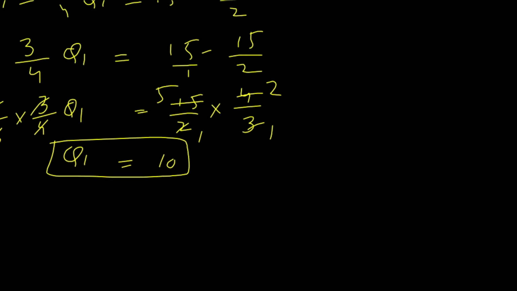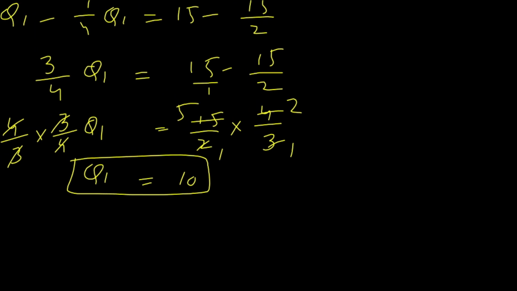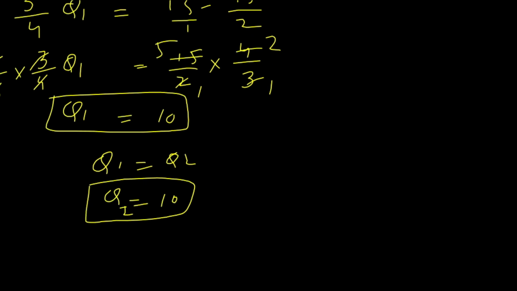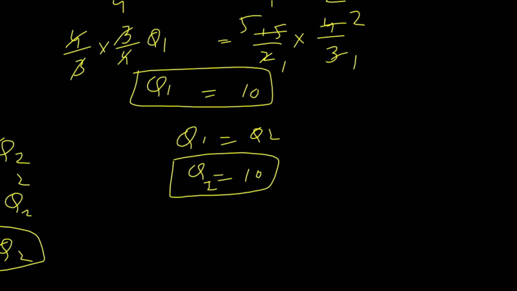And as we assume that quantity of the first firm and second firm will be equal, so if quantity of firm 1 is 10, then quantity of firm 2 must be equal to 10. So this is the equilibrium output, that is 10. So firm 1 as well as firm 2 both will produce output equal to 10. Now we can put the value of quantity of firm 1 and 2 collectively, then Q1 plus Q2 will be equal to 10 plus 10 equals 20.